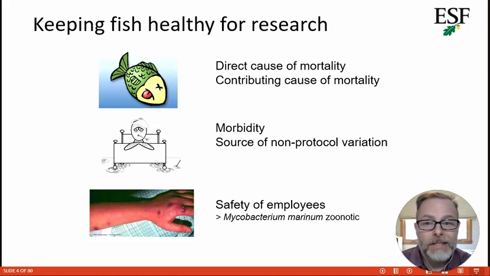It's not so bad that it's killing the fish, but it's impacting the results of your experiment in some way that you are not aware of. So that's a concern. And the third thing on the list here is that at least one species of Mycobacterium, Mycobacterium marinum, is known to cause skin infections in people. This has been known for a long time, and then in recent years there have been reported cases of folks in zebrafish facilities acquiring these skin infections.